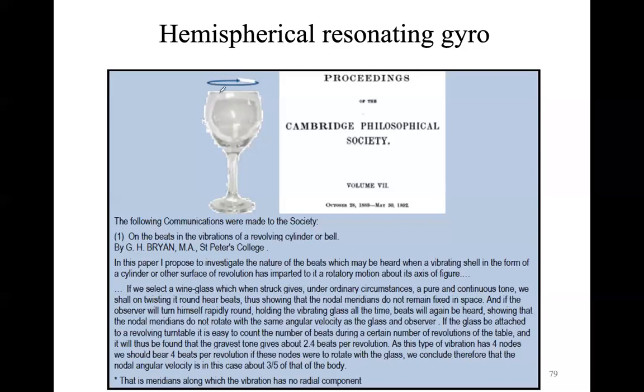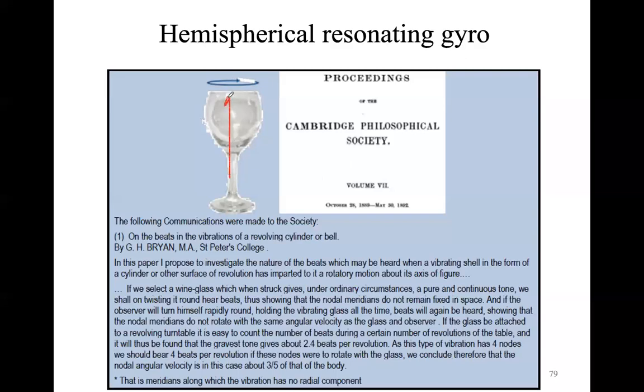So he struck the glass in order to induce this continuous tone, and then he started to rotate the glass around the axis that is parallel to the stem. The stem is this one.